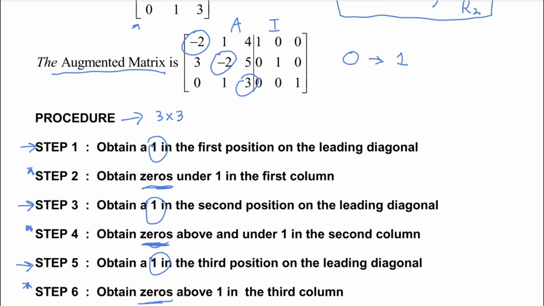For example, for step 2, the ones that you want to change into 0 are here and here. For step 4 is here and here. And for step 6 is here and here. All the ticks are for the elements that you want to change into 0.